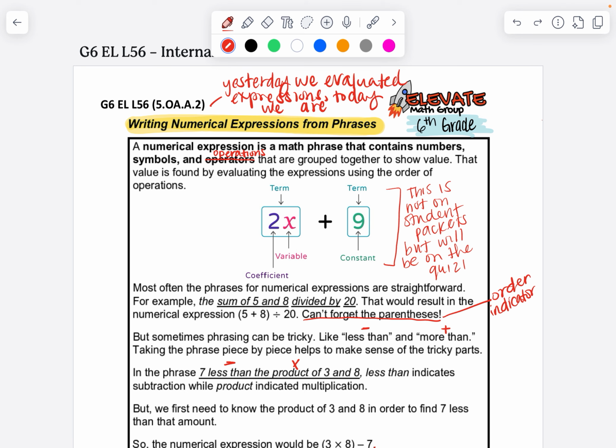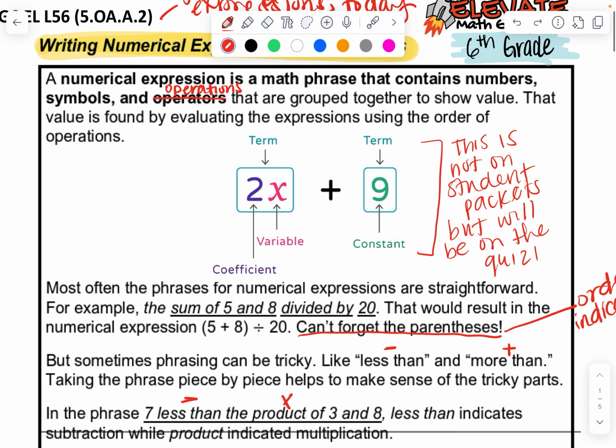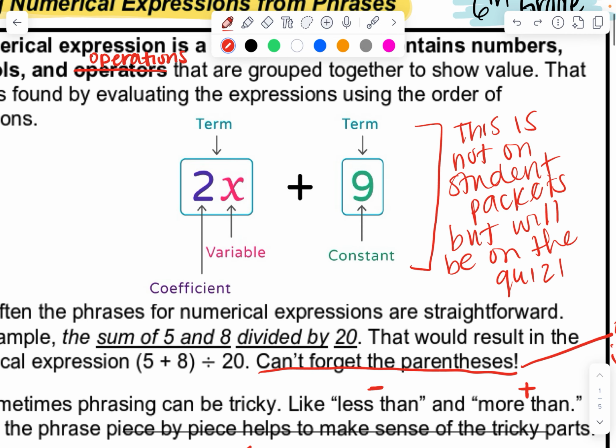And so something that is going to be important today is breaking down the parts of an expression. This is important. It's not on their packet.